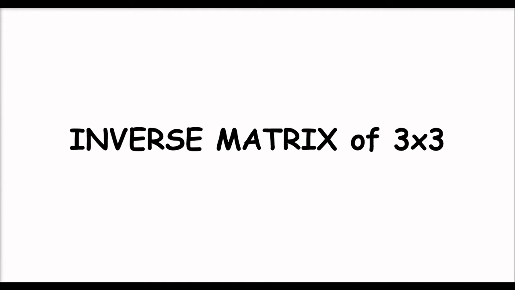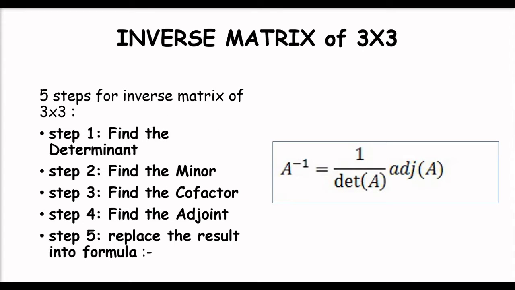Now we move to the inverse matrix of 3 by 3. For the inverse matrix of 3 by 3, there are 5 steps. Step 1, you need to find the determinant, same as for the inverse matrix of 2 by 2. The second one, you need to find the minor.